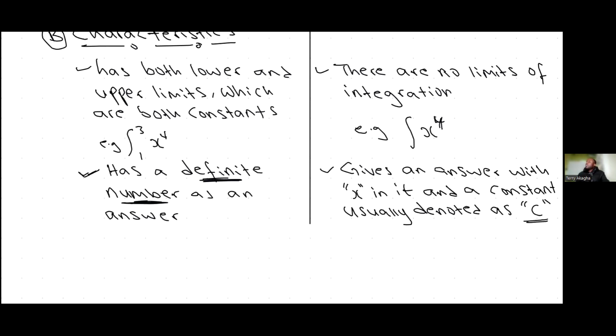Okay, so for example, if you are integrating x to the power 4, it's going to become x to the power 5 over 5 plus c. So this is why we call it indefinite. That was the reason why in the previous videos, when we were integrating with those rules, I told you that in the last step, you add c only if you're talking about indefinite, okay?